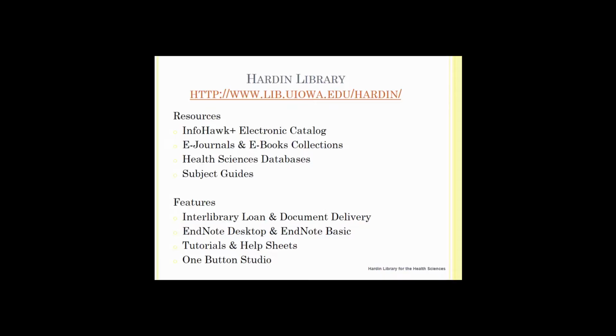It'll let you know where you are in the queue. And what that means is it lets you know how many other people before you have requested this material. And if you find that other people before you have requested this book, you do not have to wait in line to get this book. You can actually request it through interlibrary loan.